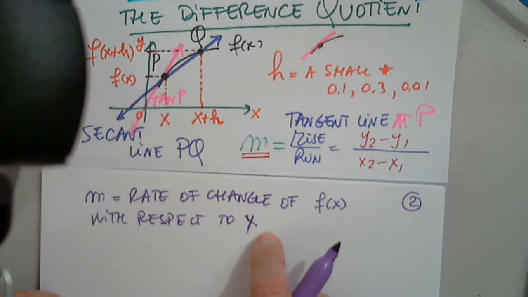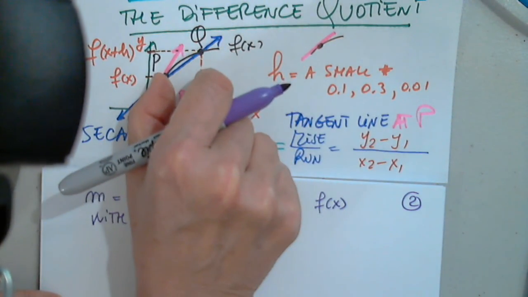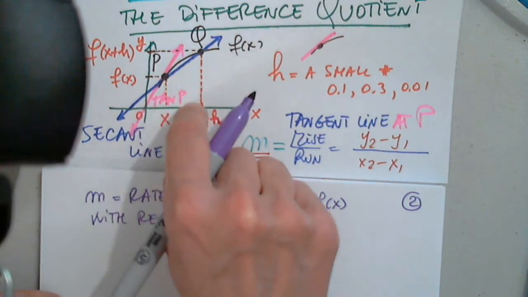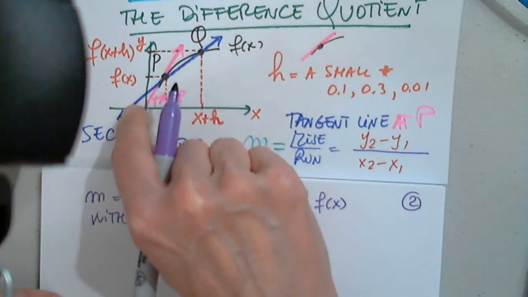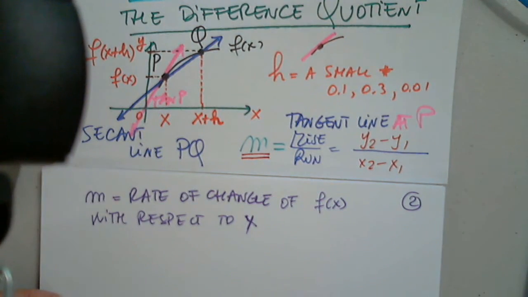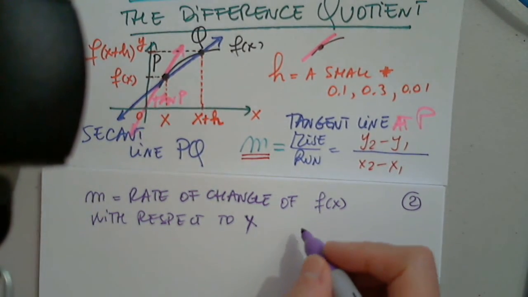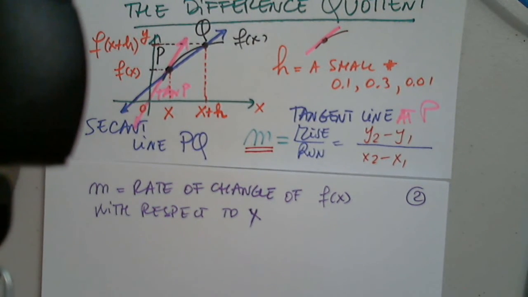It means that between these 2 points, there is a rise and there is a run. But because it's a line, between any 2 points, we will find the same rise and run because we're talking about the line, right? The line has a constant slope. So the rate of change of f of x with respect to x, that's what it means. Of course, I can continue here. I can write between these 2 points P and Q, but I haven't gotten to that yet. We will write it in a minute again.